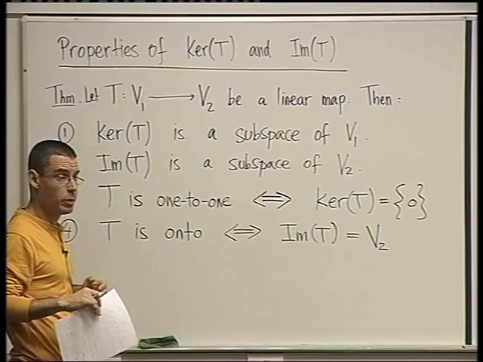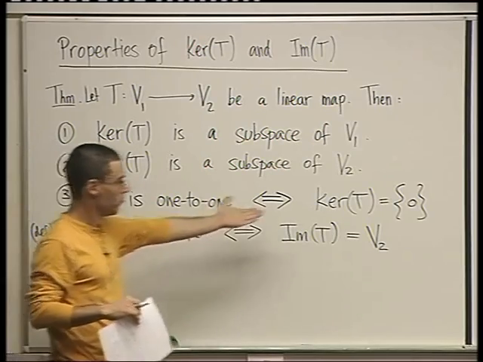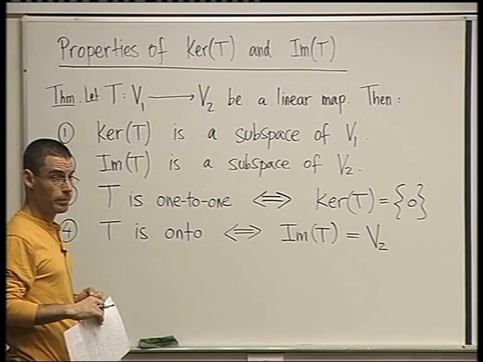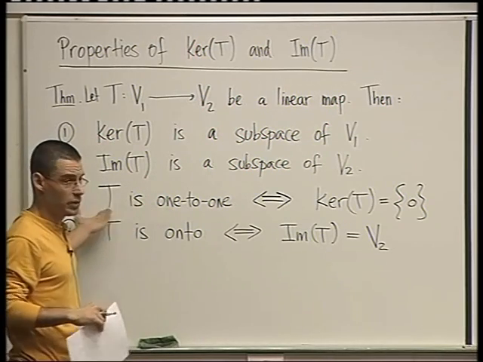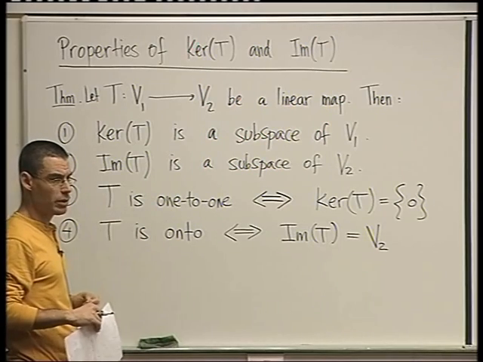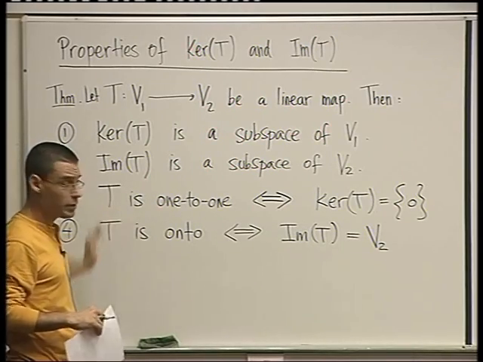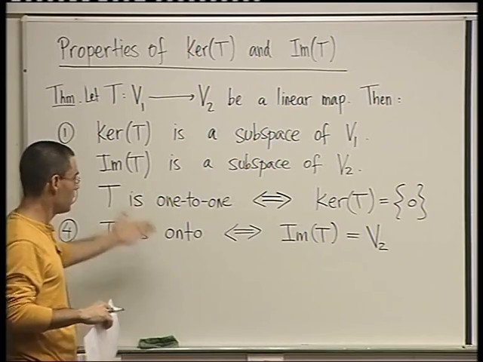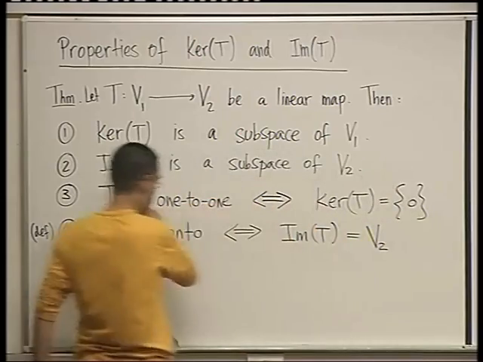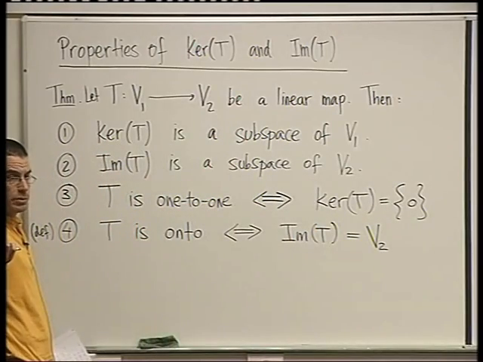That's the definition of being one-to-one. It doesn't have a priori anything to do with the kernel. In calculus, you saw the definition of a one-to-one function. You never mentioned the kernel. These are two different notions. It turns out that the kernel is 0 is the same as being one-to-one, but that requires proof.